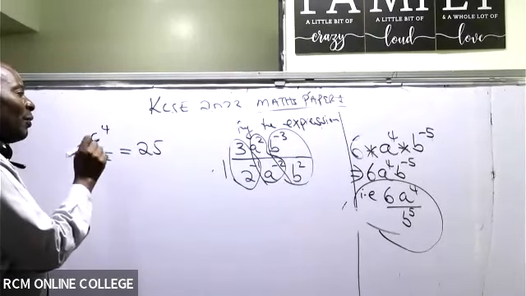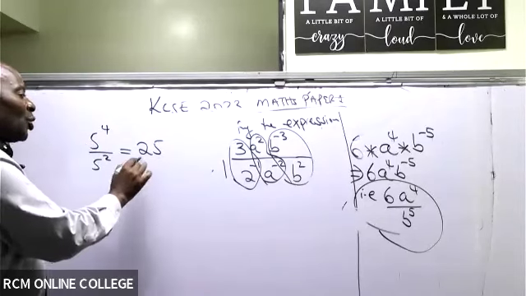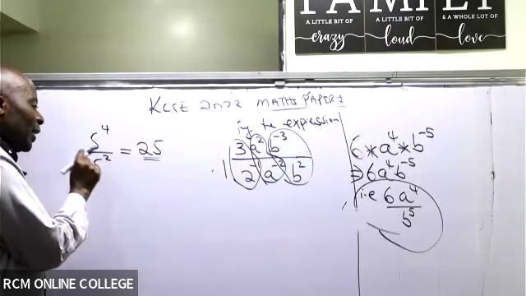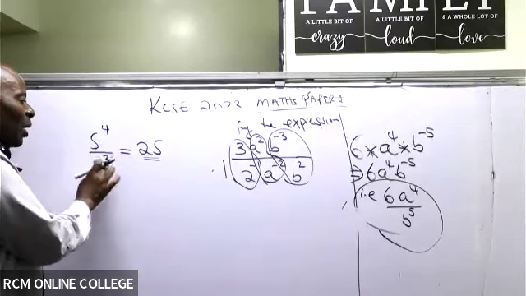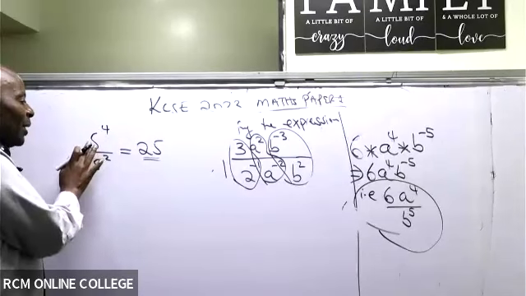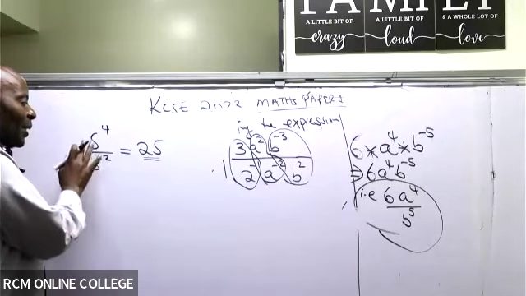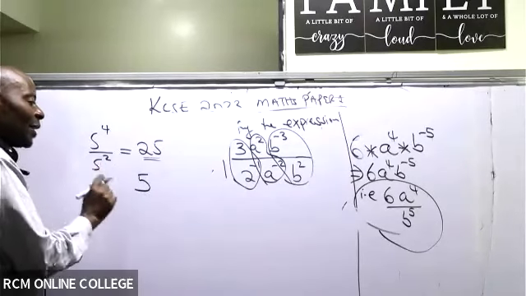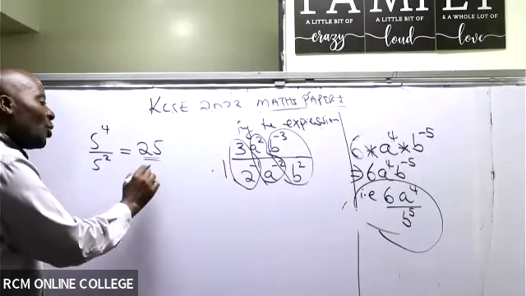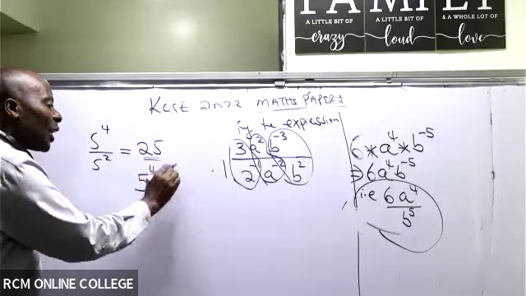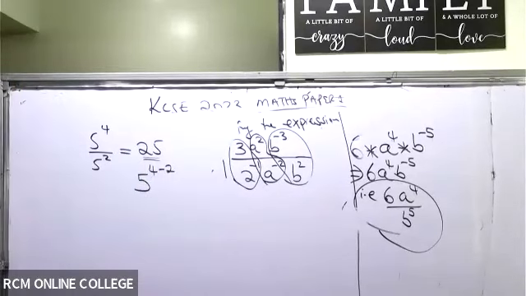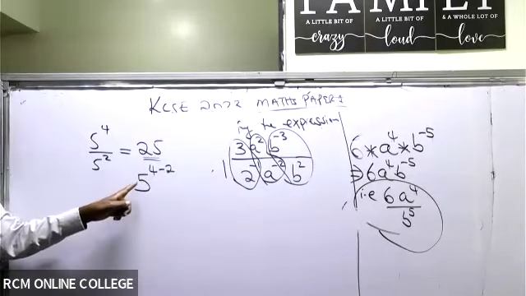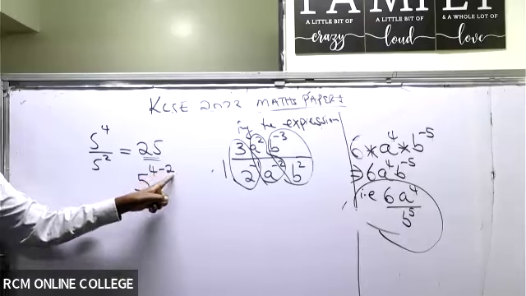Another way that somebody would have used to get this 25 is the laws of indices. I've got powers which are different, but the bases are the same. So if the bases are the same, write one base, which is 5, and subtract the powers.